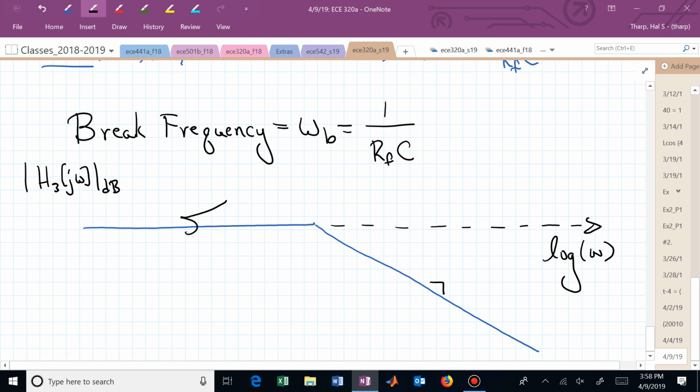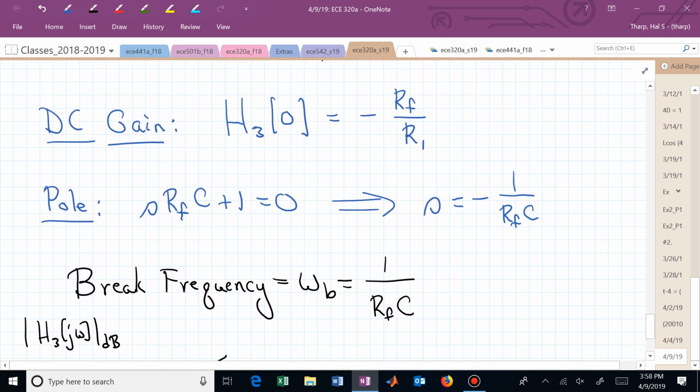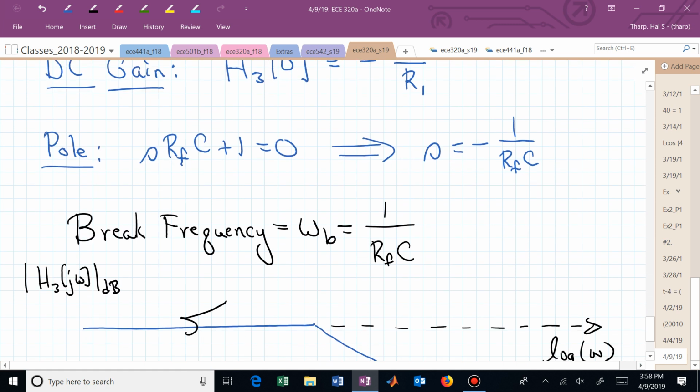And what's the magnitude there? That's our DC gain in decibels. So we take 20 log of that DC gain's magnitude, and that's where we are beginning.